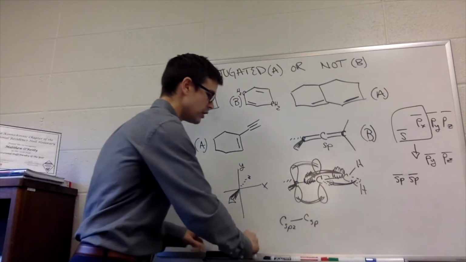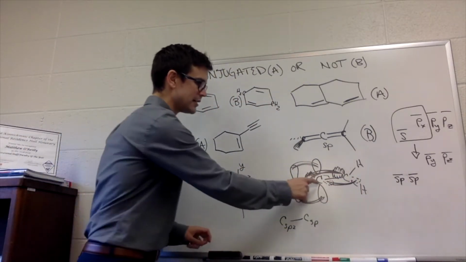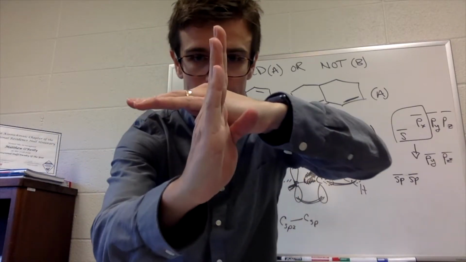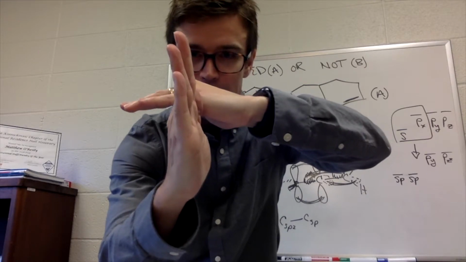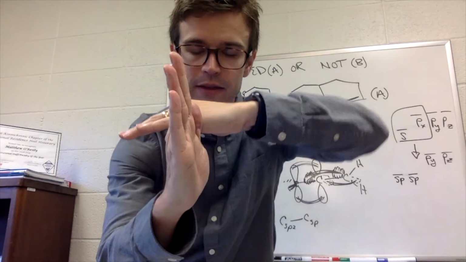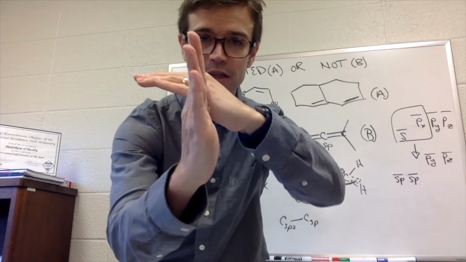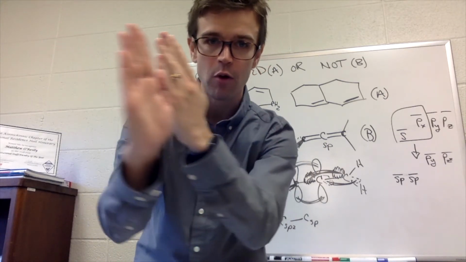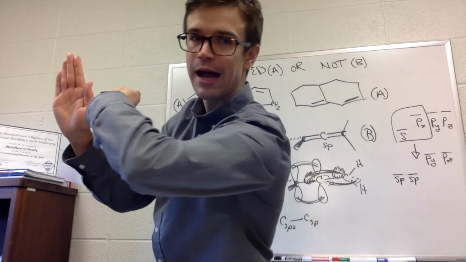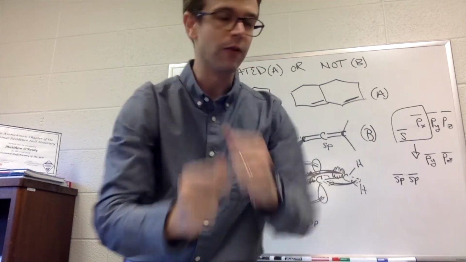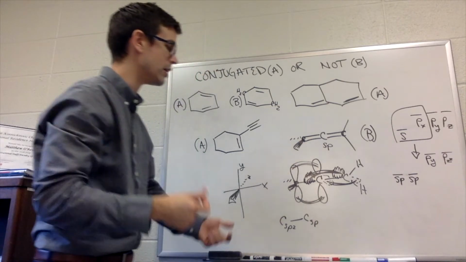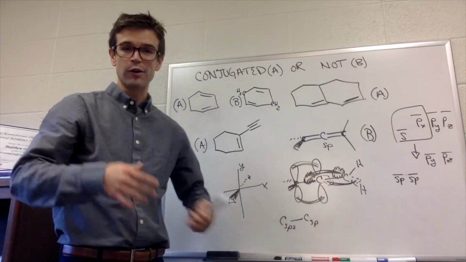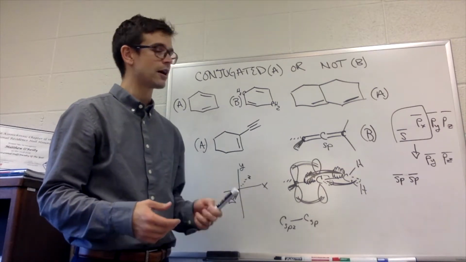Essentially, that central carbon atom has 2 p orbitals that are crisscrossed. If they were to be overlapped, they would need to be in the same axis, but because they are on opposite axes, they are not overlapping. So this is a non-conjugated system. That's the molecular orbital reasoning behind why this is not conjugated.